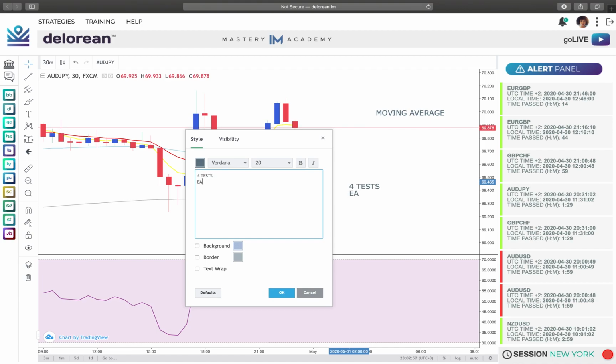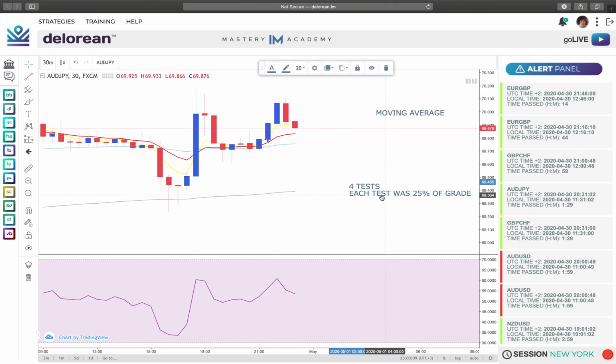And each test was 25% of the grade. So, if you have this example, 4 tests, each test was 25% of the grade, and you fail one of the tests, what do you think is going to happen to your grade? It's going to drop very sensitively.